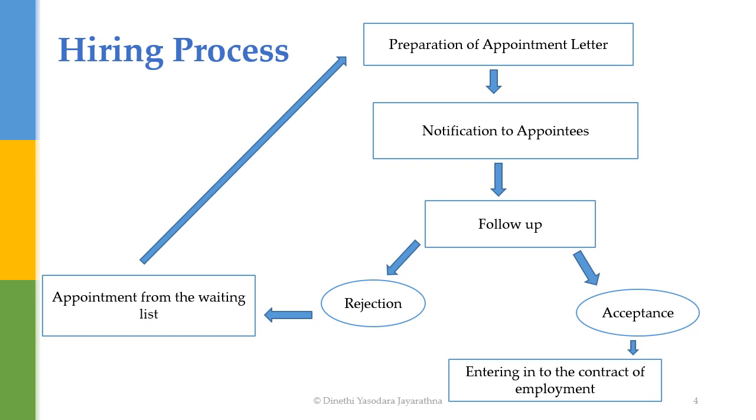So here in hiring also we have a process which is very small, not a complicated process. Okay. And the first thing the company has to do is the preparation of the appointment letter. We will discuss this in detail.